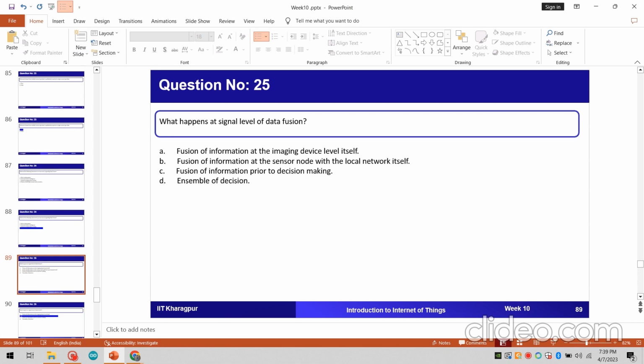Next question is, what happens at signal level of data fusion? Options are: fusion of information at the imaging device level itself, fusion of information at sensor node within the local network itself, fusion of information prior to decision making, ensemble of decisions.